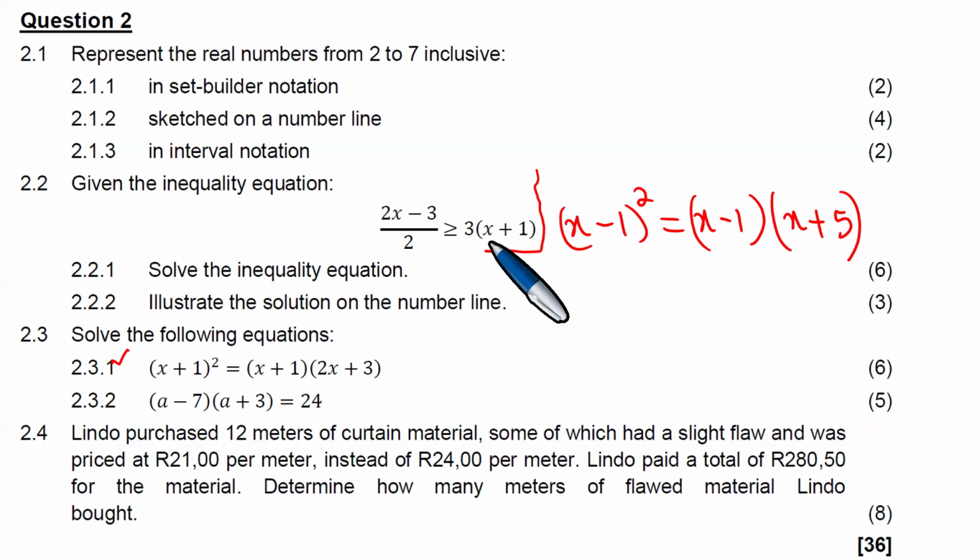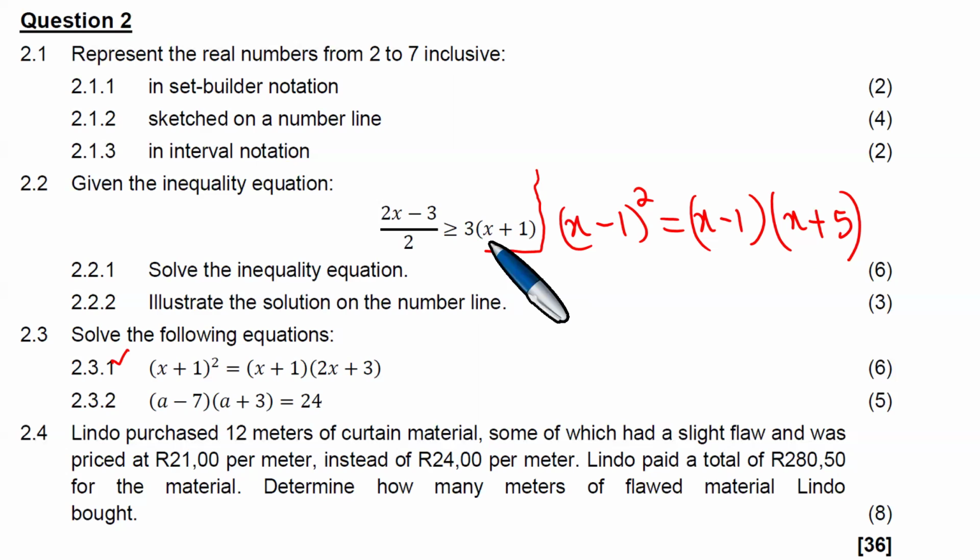So I'm going to break it down to open bracket x plus 1, and another x plus 1, equals x multiplied by 5x. Am I right? In brackets, you put them in brackets as well. Okay, that's fine.